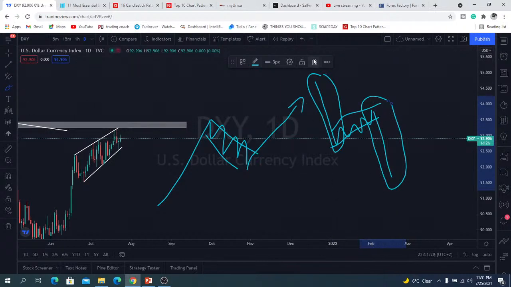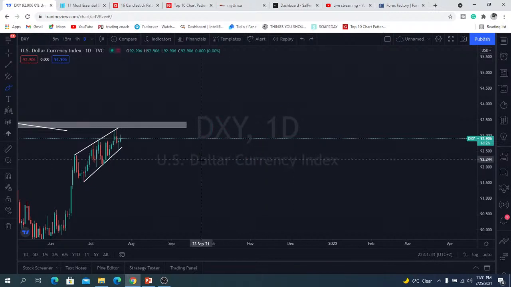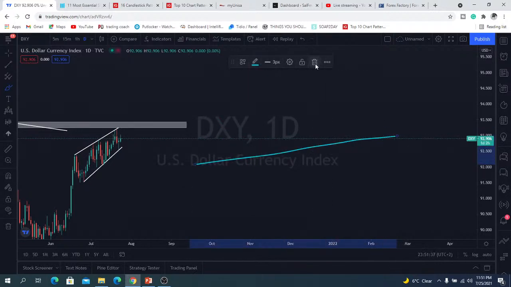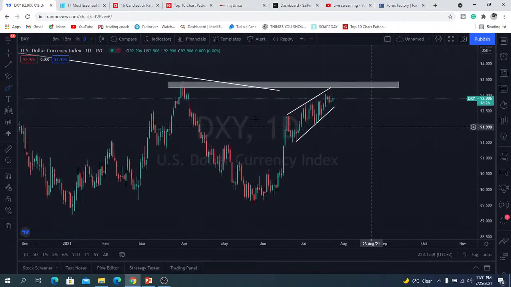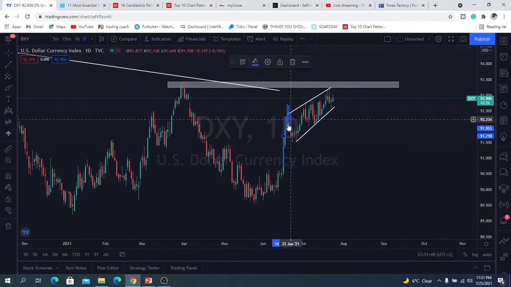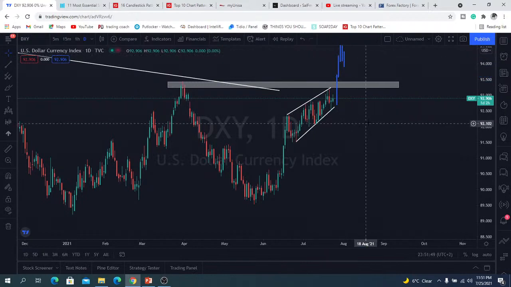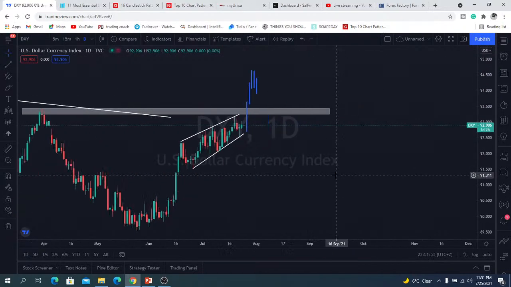That is why you see me using this tool right here to take this one so I can copy the chart pattern to anticipate my next move.